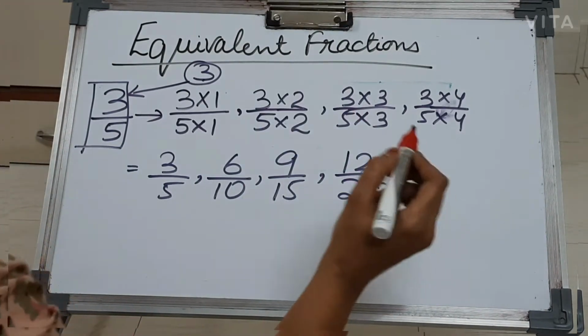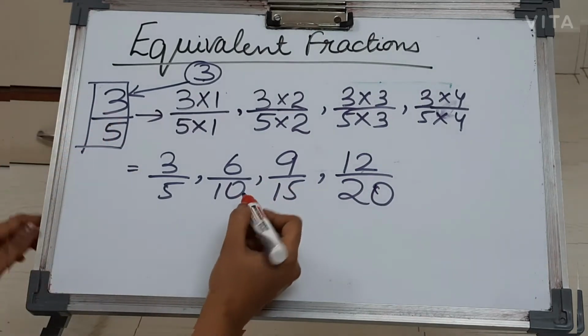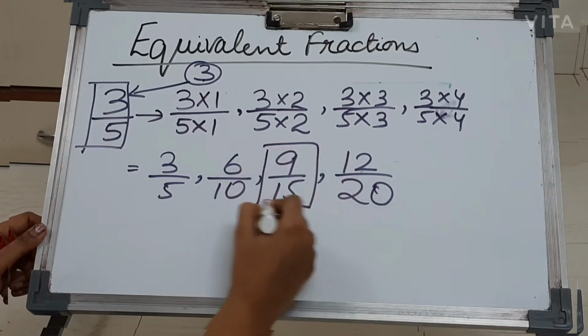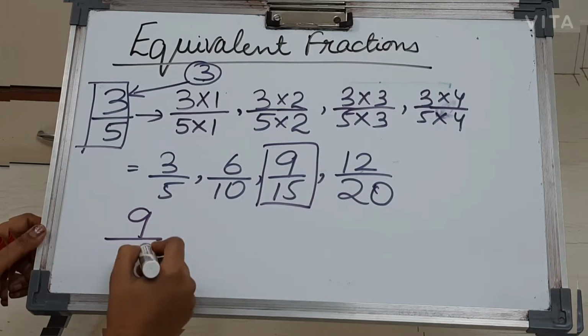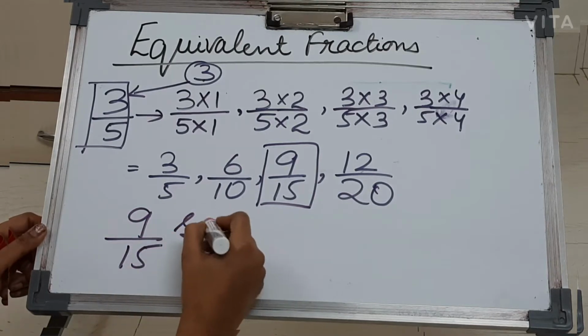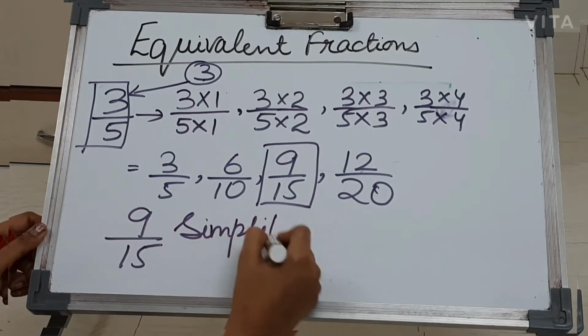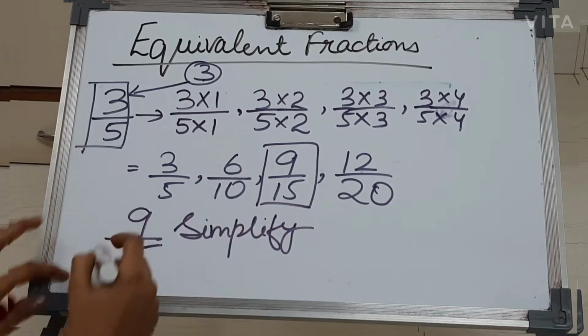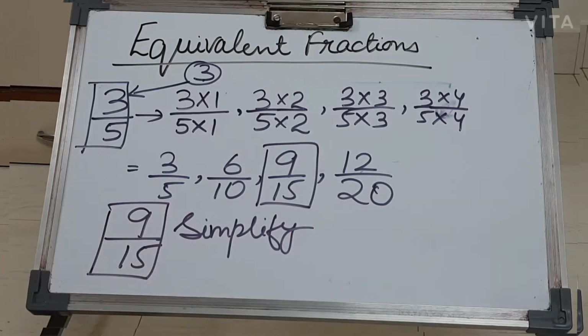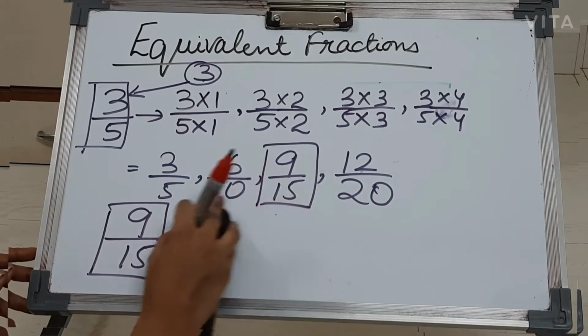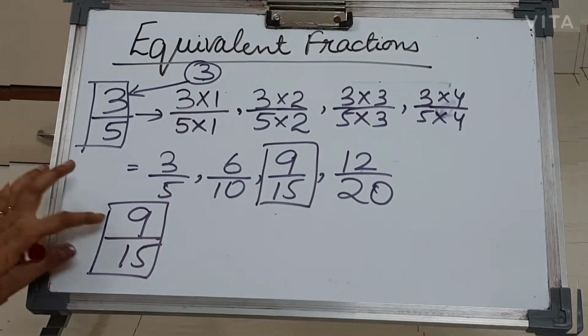Now you see how these are equivalent fractions. An important thing here: suppose I take the fraction 9 by 15 and want to simplify it. This is very important. How are we going to do this? We take the common factor for this fraction.